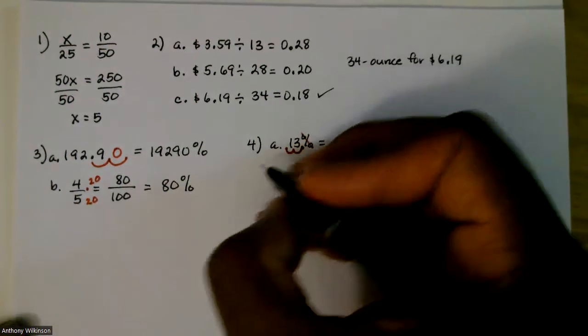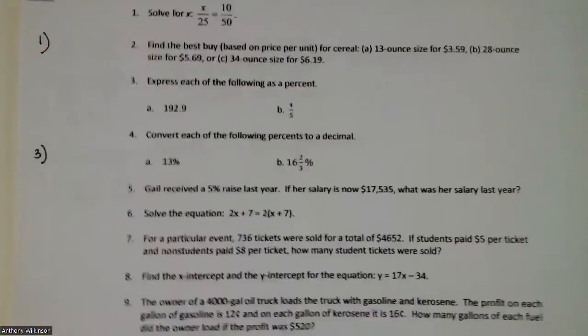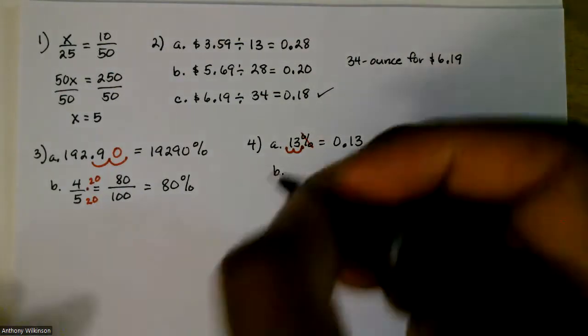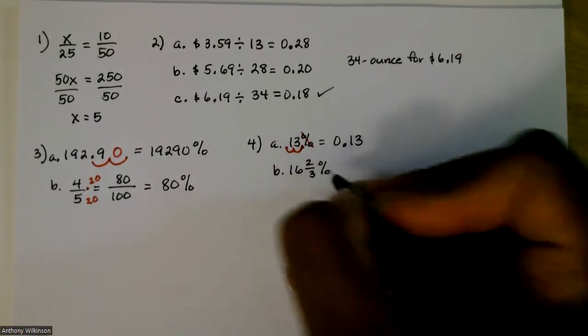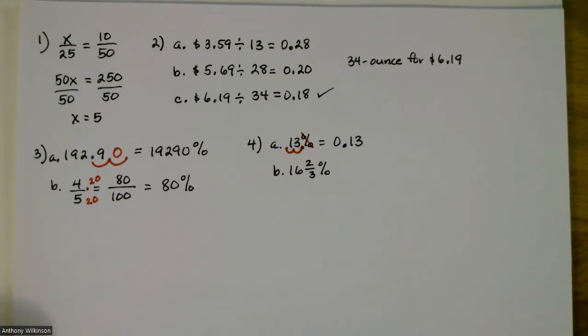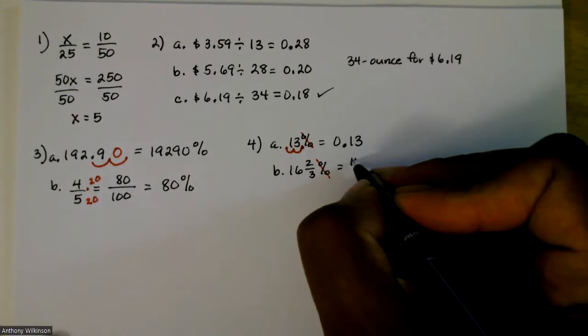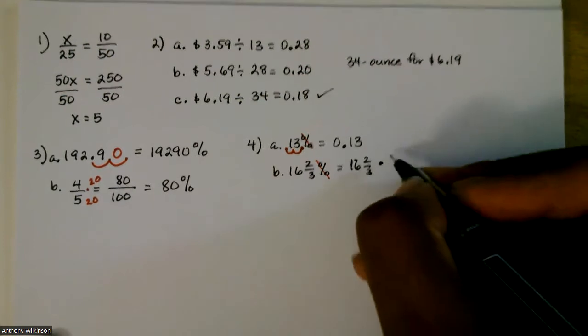Okay. All right, part B. Now here we have a fractional percent, which is in this case 16 2/3%. Now for 16 2/3%, of course, we're going to have to drop the percent sign. Now that 16 2/3 will be divided by 100.